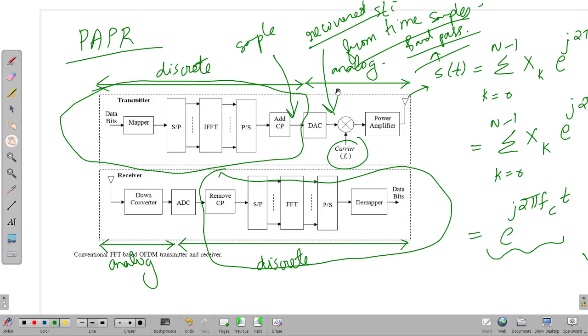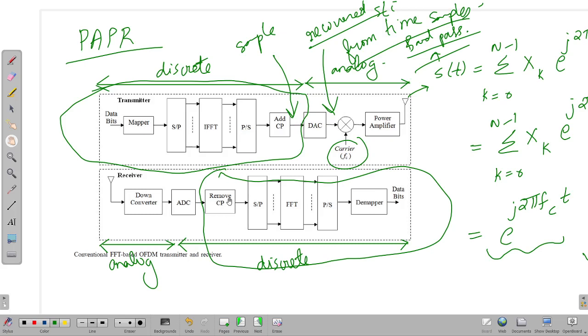At certain points they might have the same phase, and at certain points they will have different phases. But there might be some points which have the same phase, and these subcarriers which have the same phase at a point add with each other and result in high peaks.